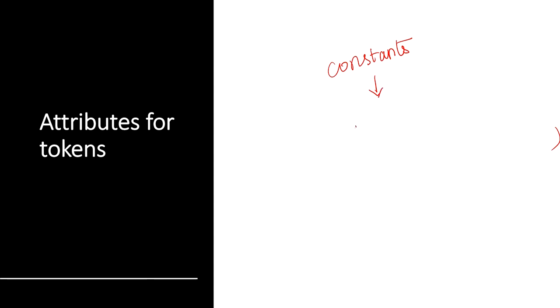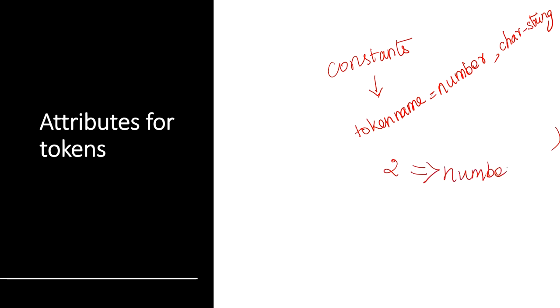The token name is the word number followed by a character string representing the constant. For example, if the constant 2 is given, the token is returned as number 2. If the constant 3.14 is given, we write the token as number 3.14.